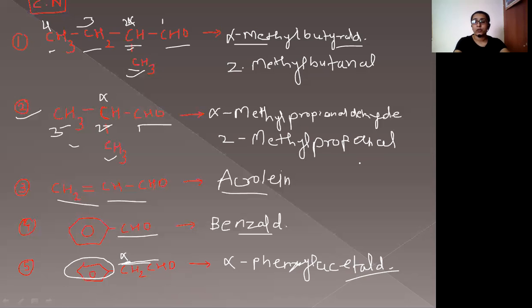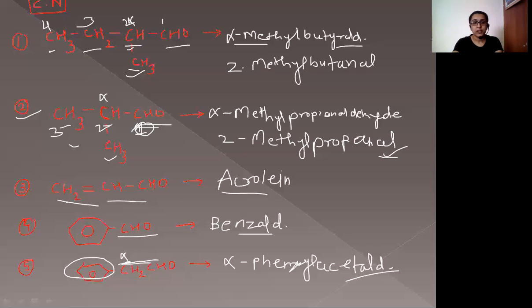We used to write like 2-ol, that indicates the alcoholic group is at second position. Here it is not needed because the aldehyde group is always at number 1, at the terminal end, and we start numbering from there. So there is no need to write propane 1-al. It is understood that the aldehyde group should always be at number 1.